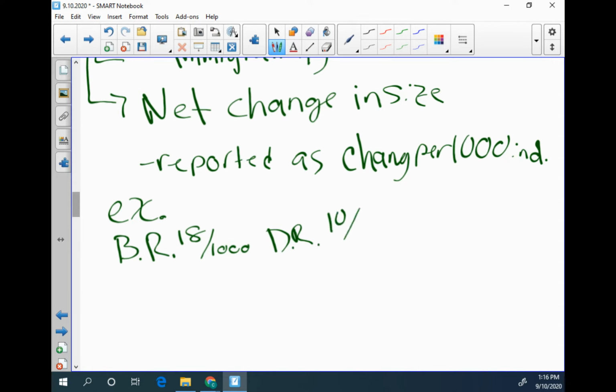That's our death rate. Our immigration rate, we are getting 5. So 5 birds immigrate in out of every 1,000. And our emigration rate is 7. So out of every 1,000 individuals, 10 of them are dying, 5 of them are coming in, and 7 of them are leaving.